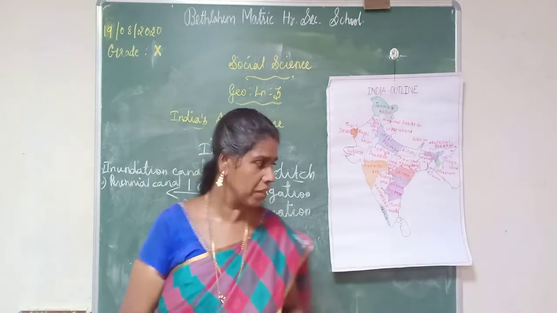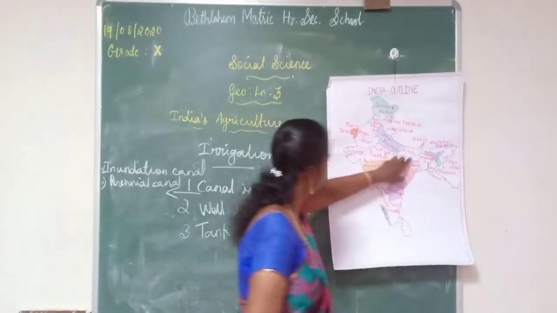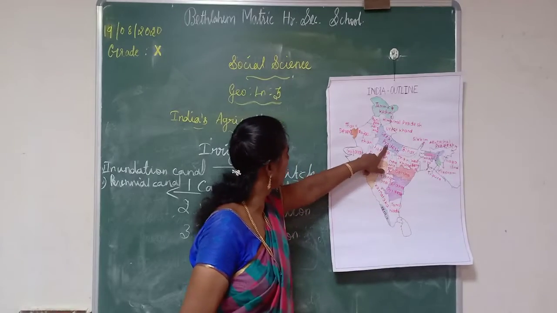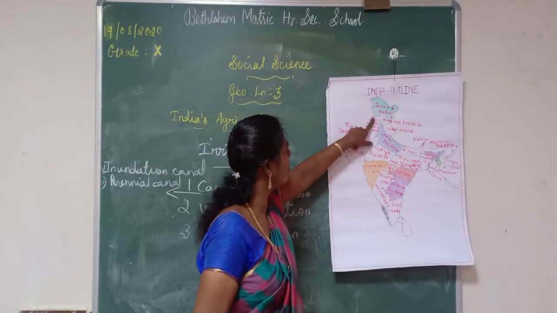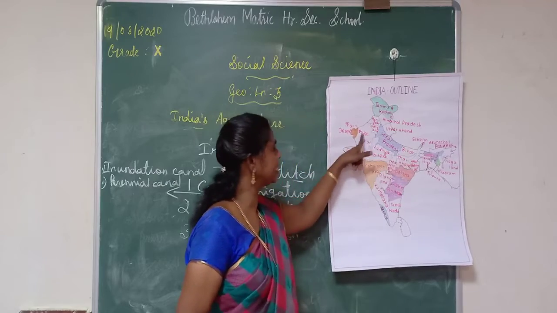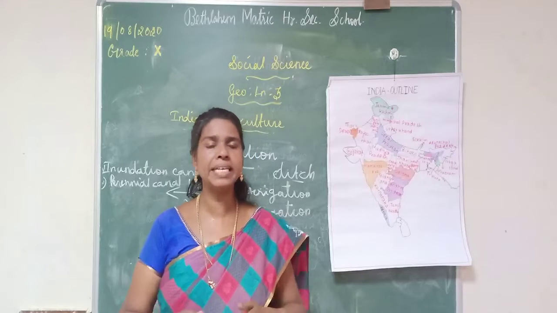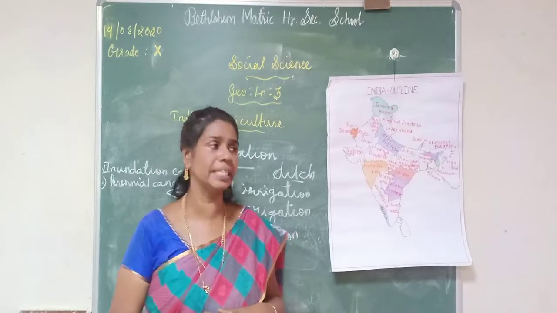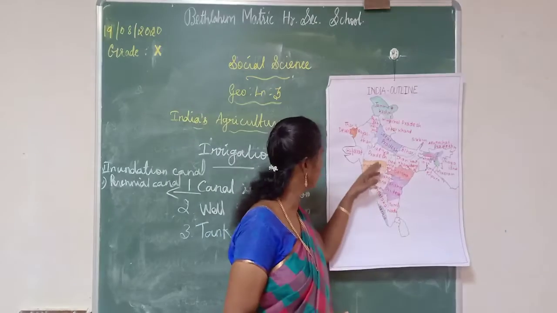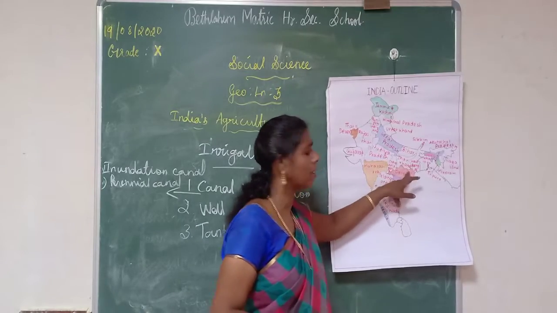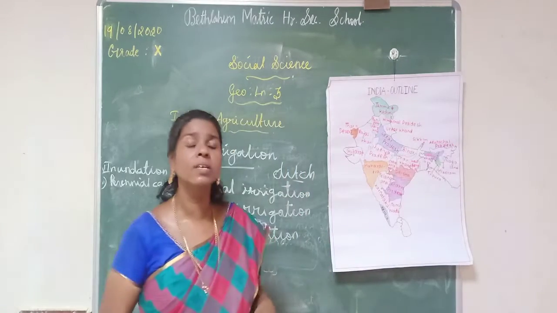For example, in the north, Bihar, Uttar Pradesh, Rajasthan, Punjab and Haryana mostly use this type of irrigation. In central India, two more states, Madhya Pradesh and Odisha, also use this type of irrigation.